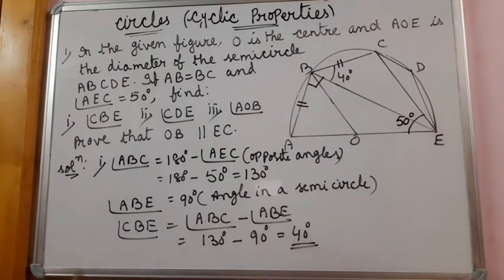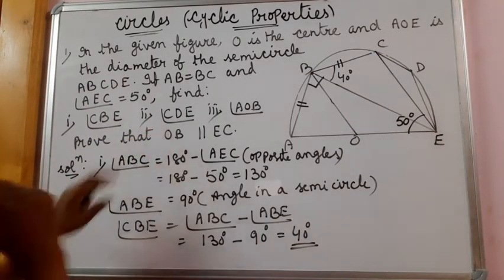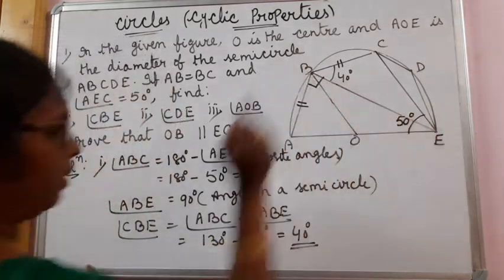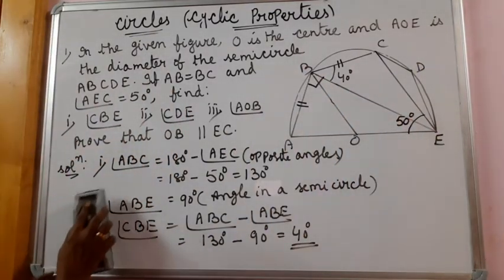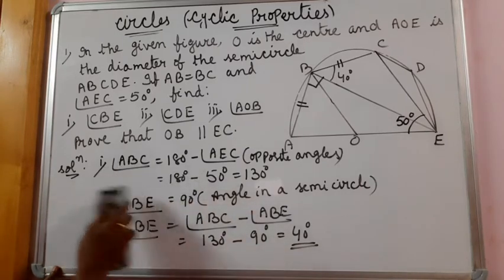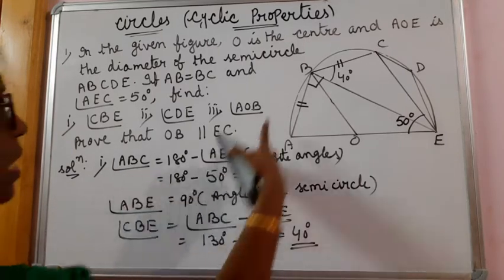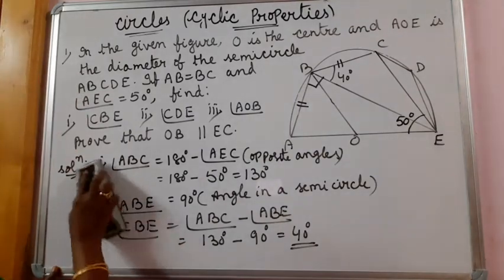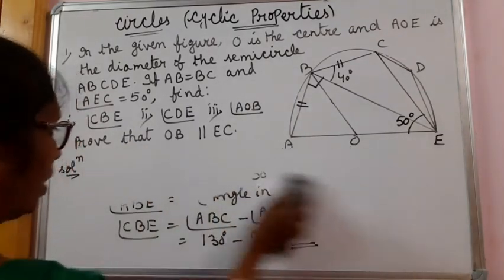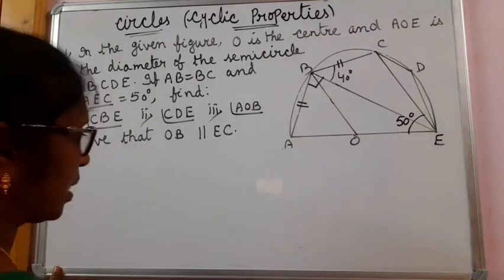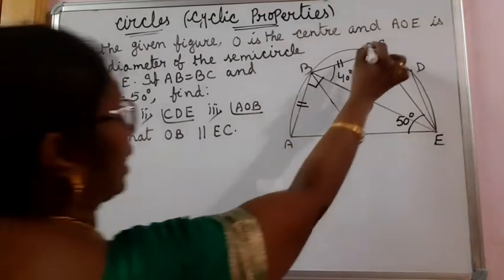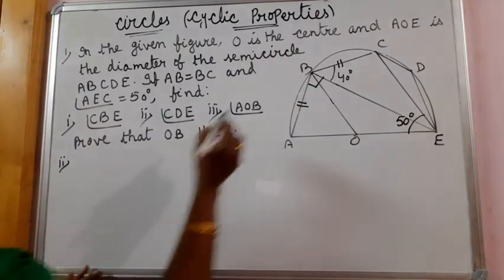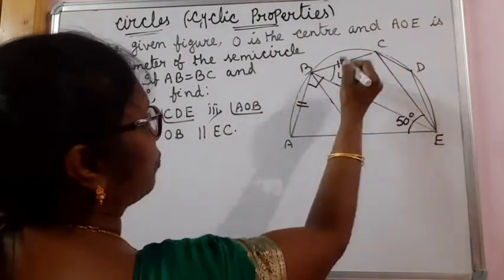Okay. Now let us work out the second bit, angle CDE. Let me clear this first bit and do the second bit here. We have to remember angle ABC, the complete angle, is 130 degrees. For the second bit we have to find angle CDE. Already we got angle CBE as 40 degrees.